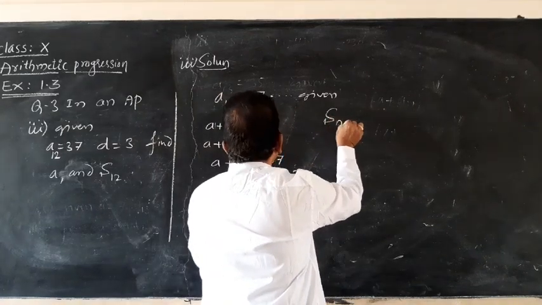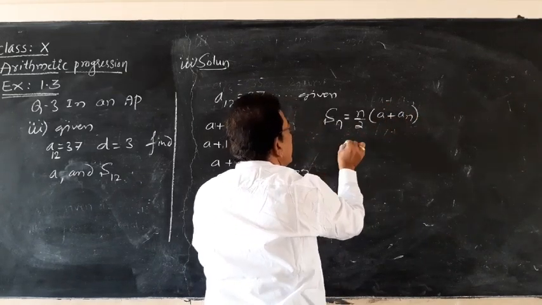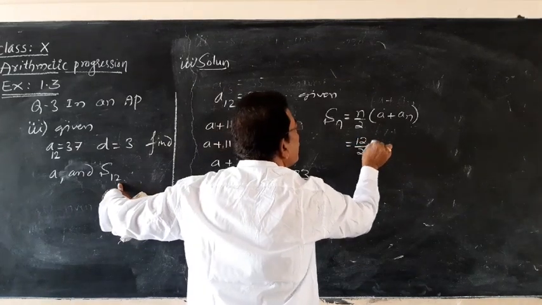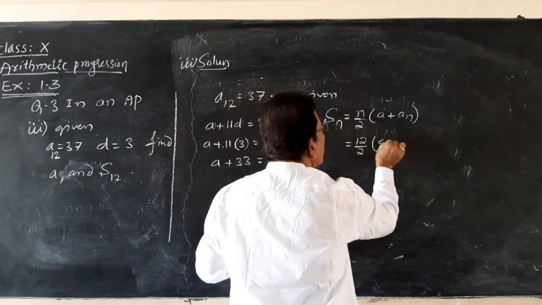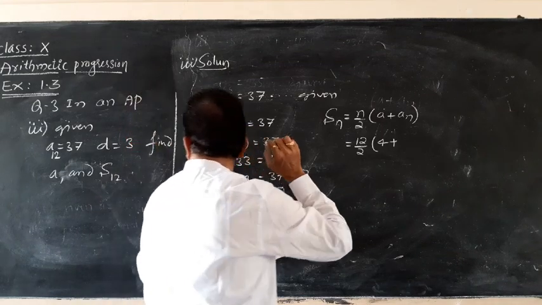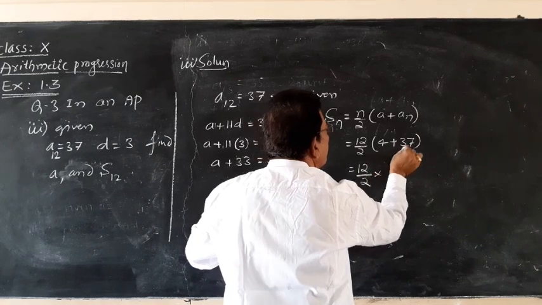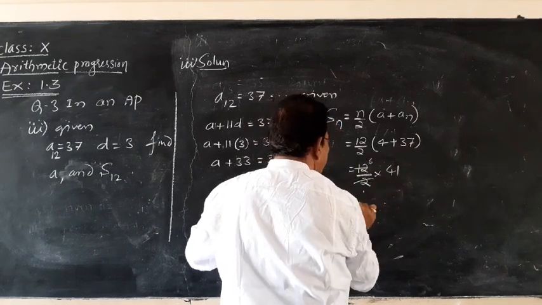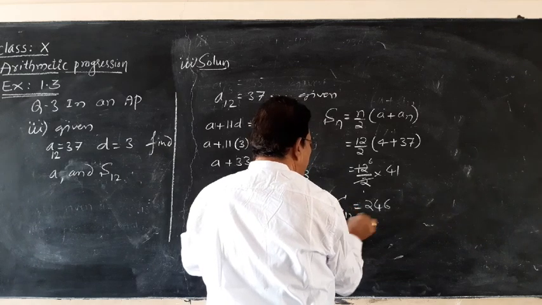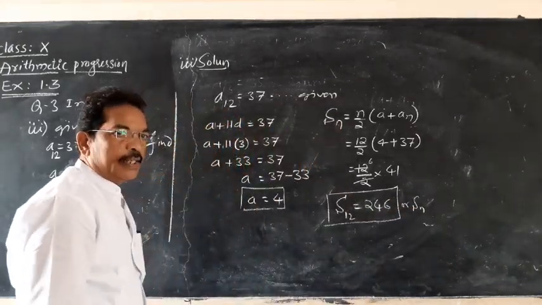That is Sn equals n by 2 in the bracket a plus an, because the last term is given. n is 12. a we got just now, 4, plus an 37. 12 by 2 into 41. 6 into 41, 246. Write down.